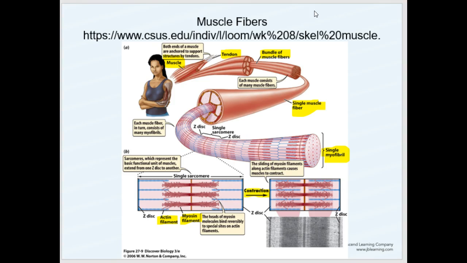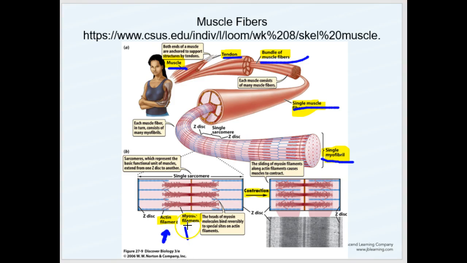There's a ton more, but as long as you know these basics, the muscle and the tendons. The tendon has nothing to do with the shortening, it just attaches to the bone. If we look at a bunch of muscle fibers and then a single muscle fiber and then a single myofibril, you understand the myofibril makes up the single muscle fiber, which makes up the bundle, which makes up the muscle. And in that myofibril is the actin and the myosin.